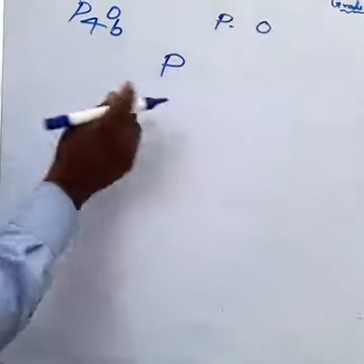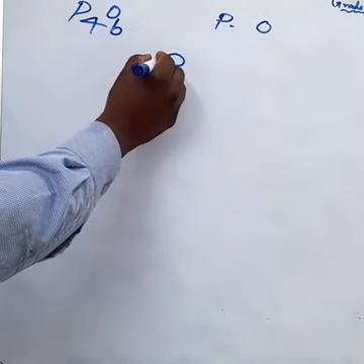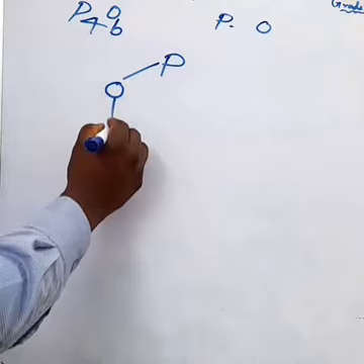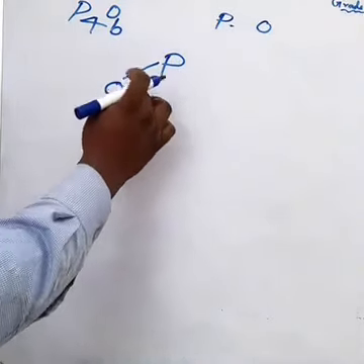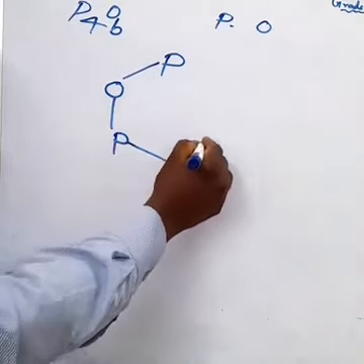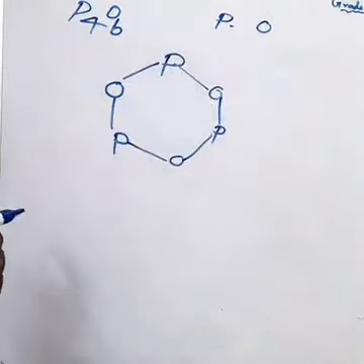Okay, first I am drawing the diagram. First I am starting from phosphorus, drawing a 6-membered ring like that: phosphorus, oxygen, phosphorus, oxygen, phosphorus, oxygen, joined with the phosphorus.